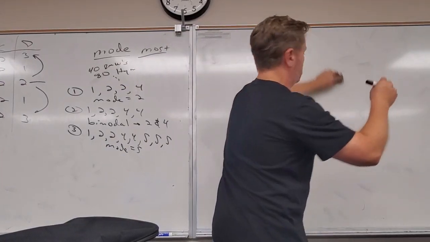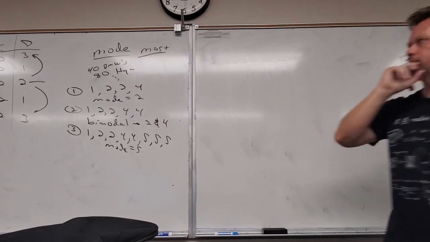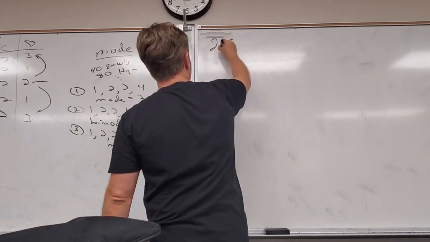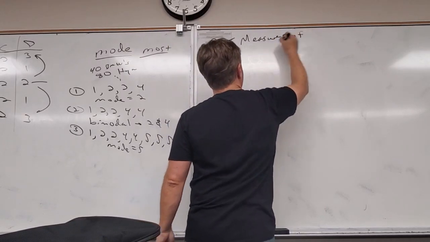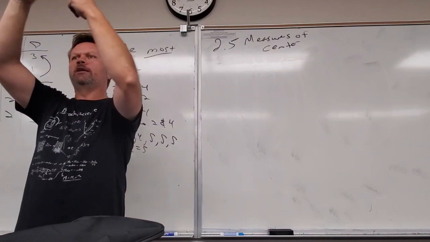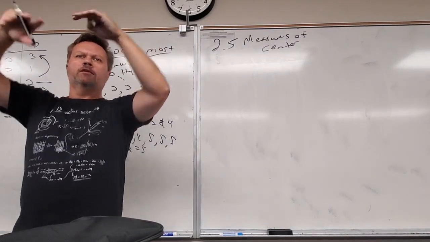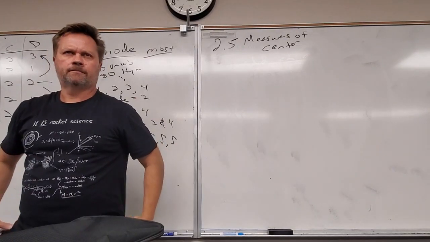So what we just did, just to make sure you guys are all with me in the book, because this is my worst thing. I'm never really good about this. 2.5 is the measures of center. So that's the mean, median, and mode. And then the mid-range I kind of gave you. They don't really tell you about the mid-range in the book, I don't think.